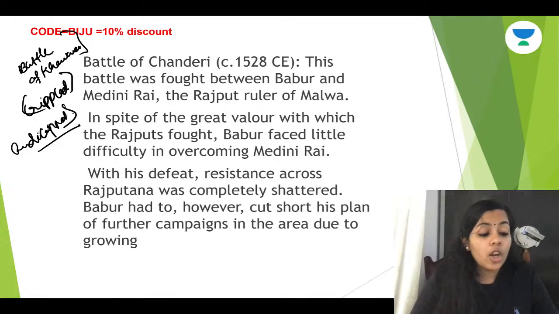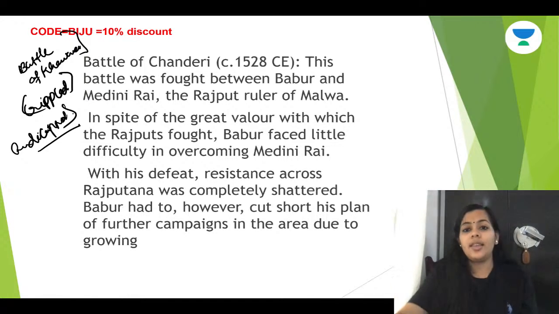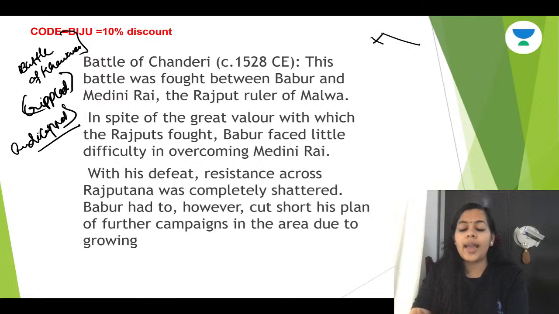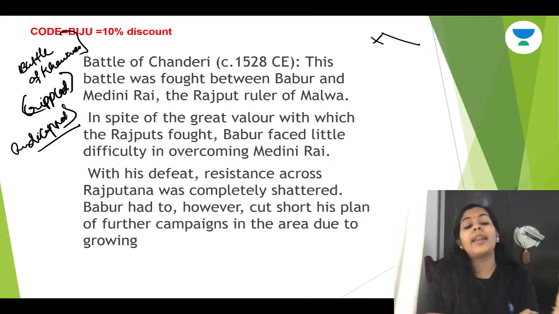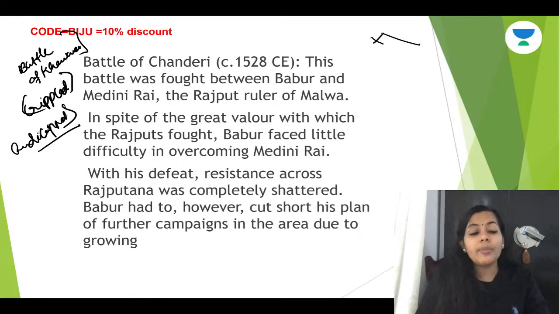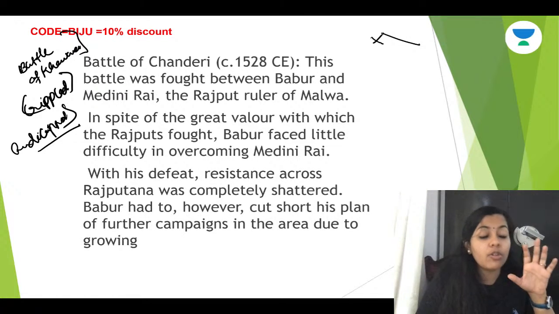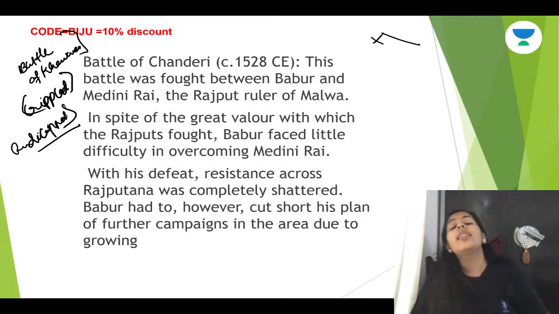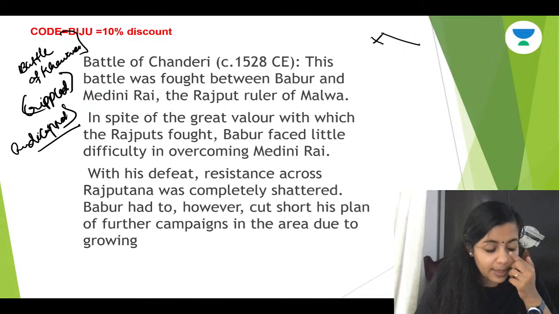Means they did not lose their power, they were not completely crushed. They were just handicapped. It was like losing one hand, but the other hand remains with them. So they thought that they could attack and get back Delhi. So this was the main reason. This attitude of the Rajputs was the reason for the Battle of Chanderi.